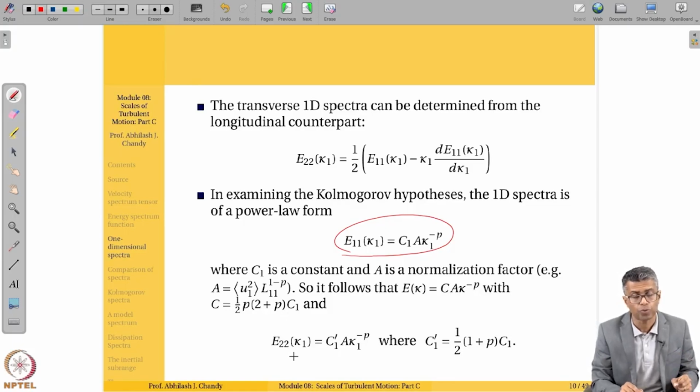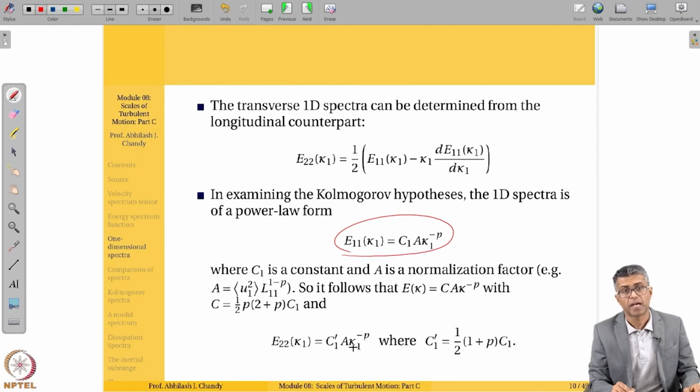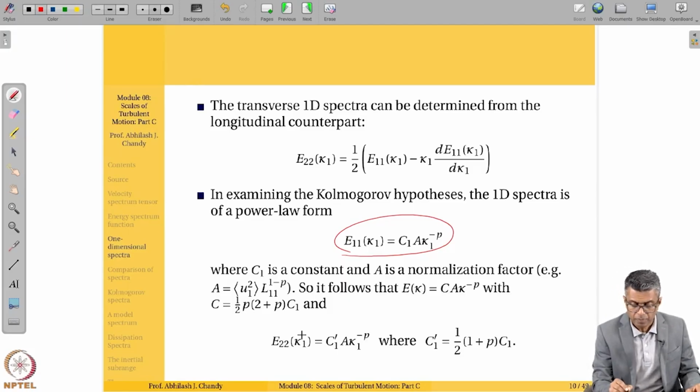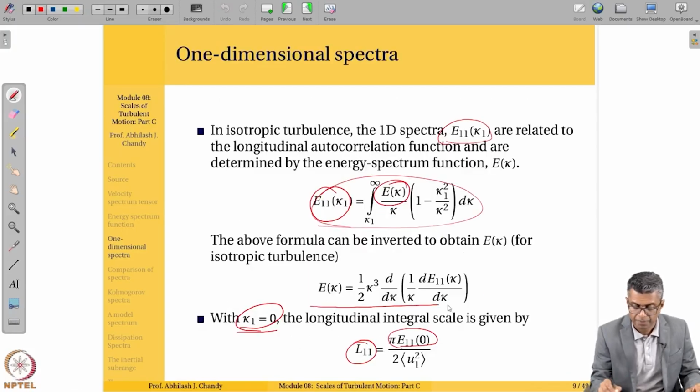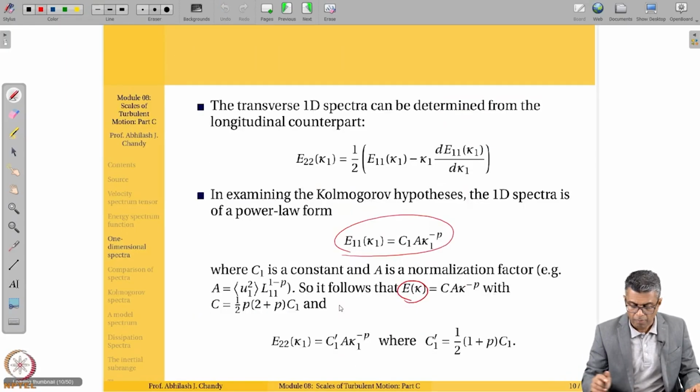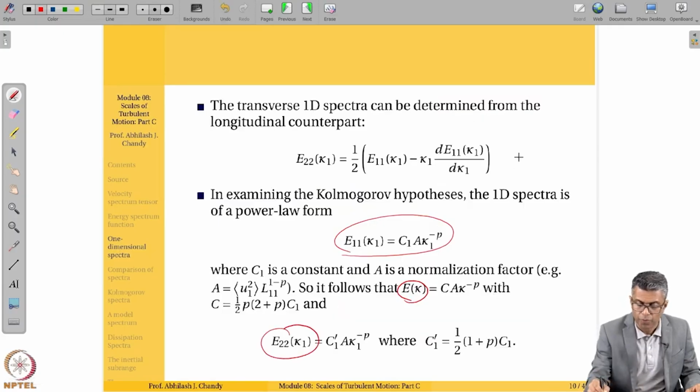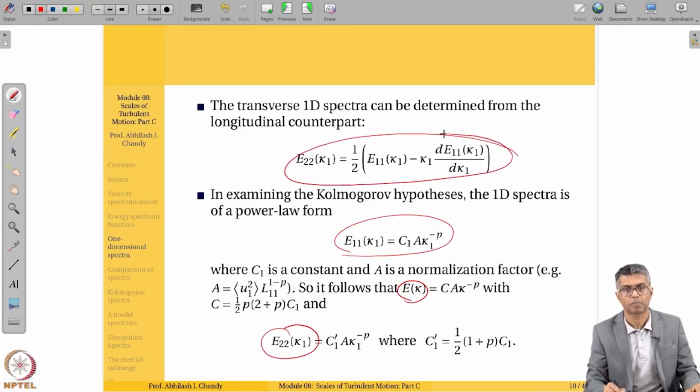And E22 would be given by C1 prime A kappa 1 to the minus P, where C1 prime is half times 1 plus P C1. So E of kappa, we get from here, and E22, we get from this equation.